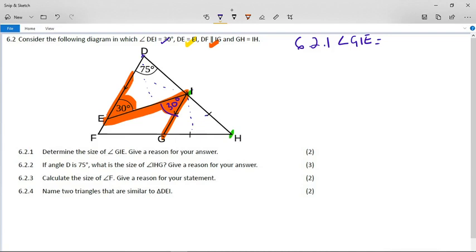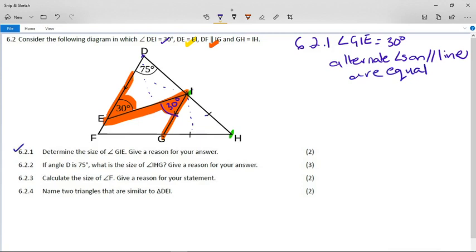So angle GIE equals 30 degrees because alternate angles, and they are alternate angles, not alternative angles. Alternate angles on parallel lines are, excuse my handwriting, equal. Okay, so we've done this one already.